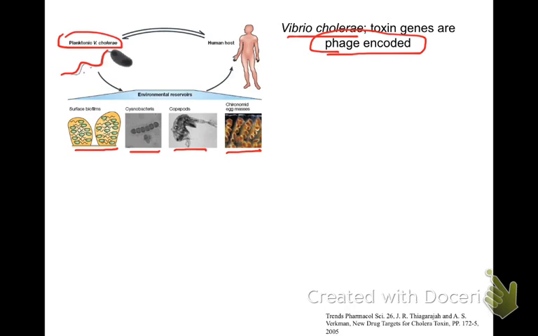Now, where it becomes a real serious problem is when water treatment facilities, even really basic water treatment facilities, are destroyed by a natural disaster such as a hurricane or an earthquake. And then there's typically a very significant increase in Vibrio cholerae in these environments, and that's when humans become infected.